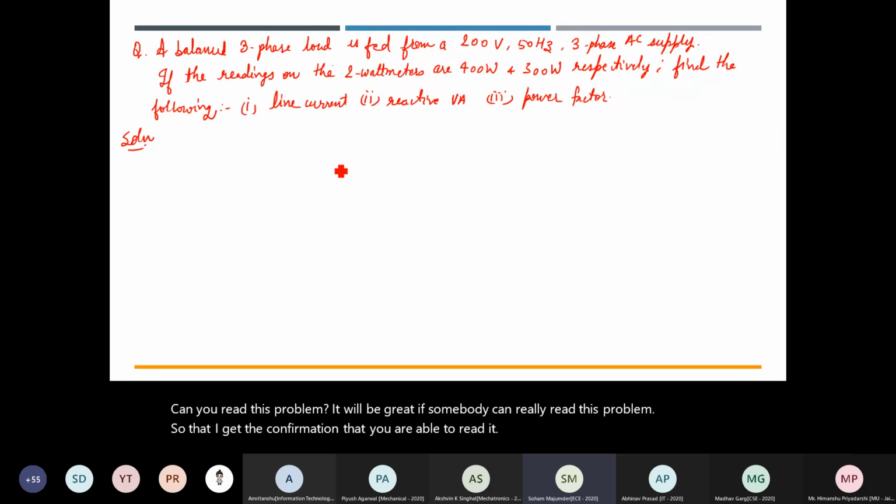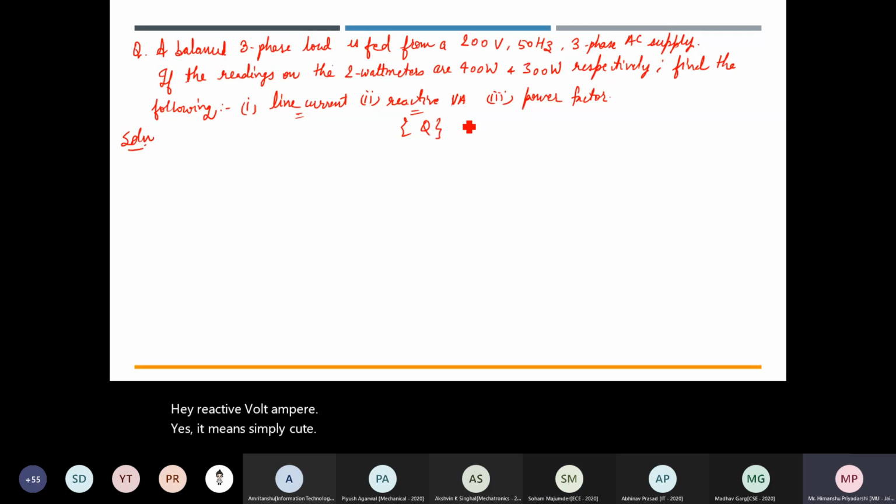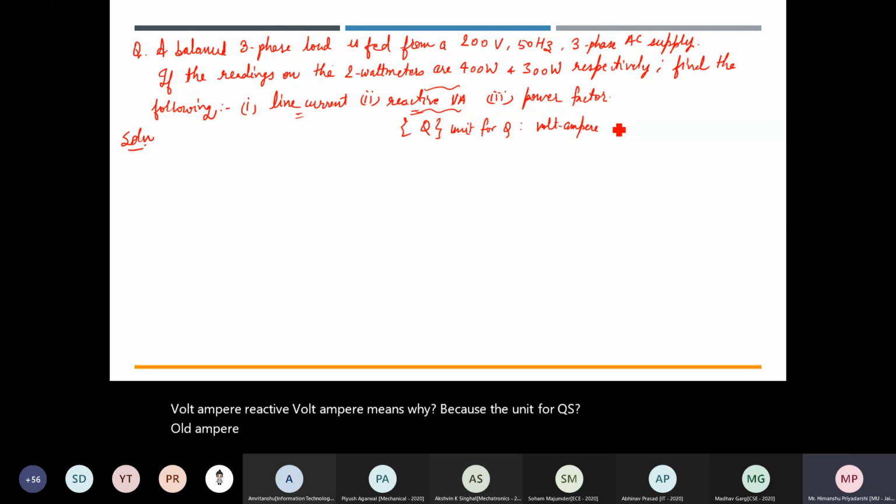If the readings on the two wattmeters are 400 watt and 300 watt respectively, find the following: line current, reactive volt ampere and power factor. Reactive volt ampere means simply Q. Why? Because the unit for Q is volt ampere reactive. So can you solve it?